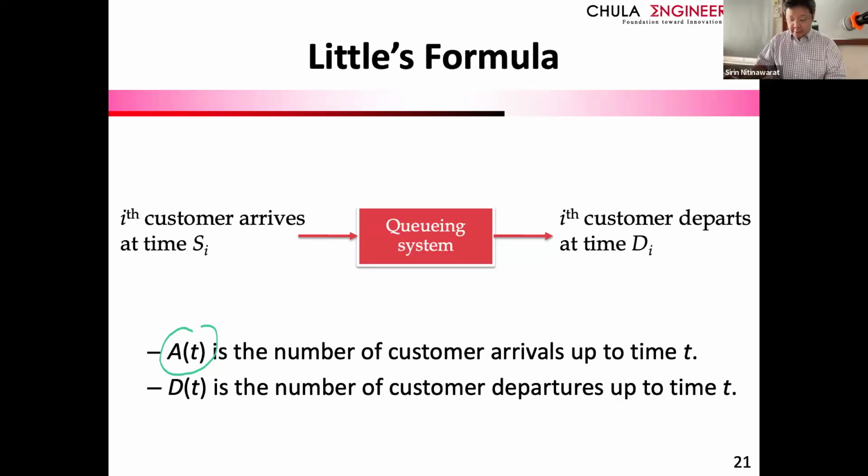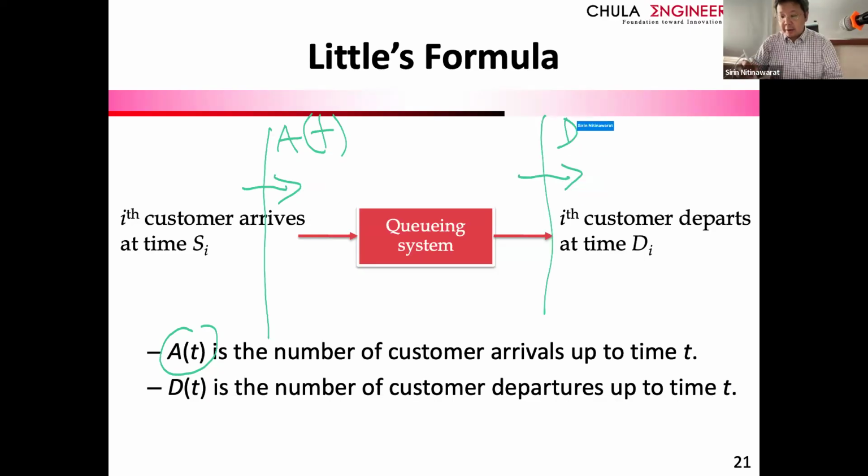And D of t is a similar staircase function, but describing the departures. So if this is a queuing system, A(t) is being recorded here on the incoming, whereas D(t) is being recorded here on the outgoing.